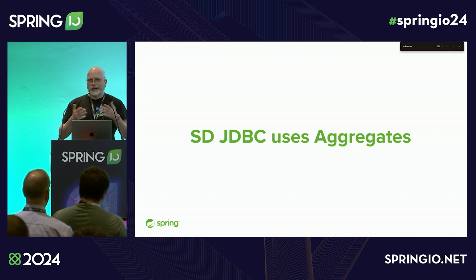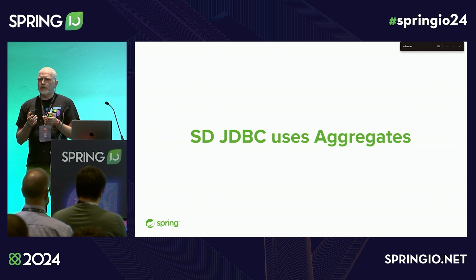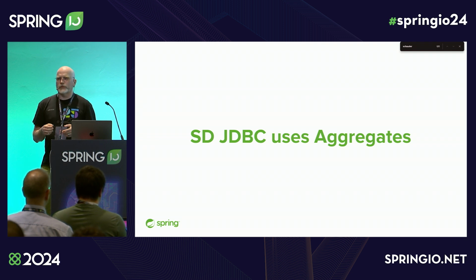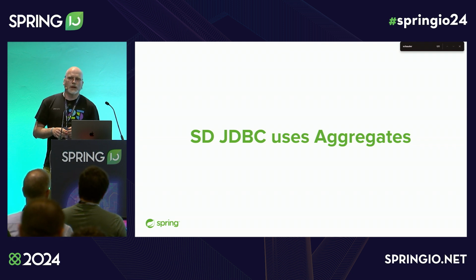Aggregates are, again, a concept from domain-driven design, and an aggregate is basically a bunch of classes, typically not very many. Many aggregates are a single class, sometimes they are two classes. If you have an aggregate that consists of five classes, it's probably too big.